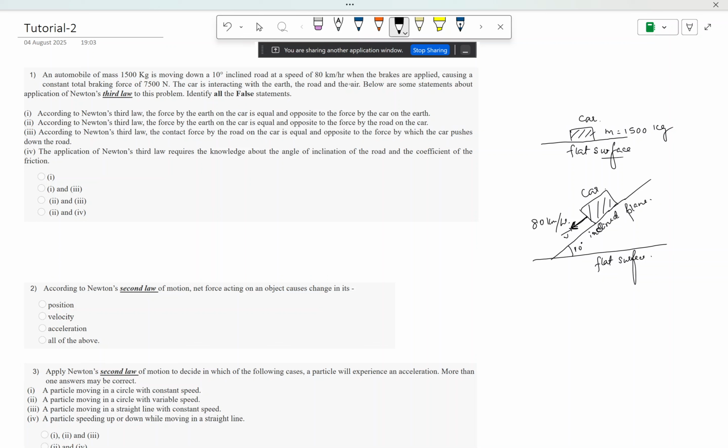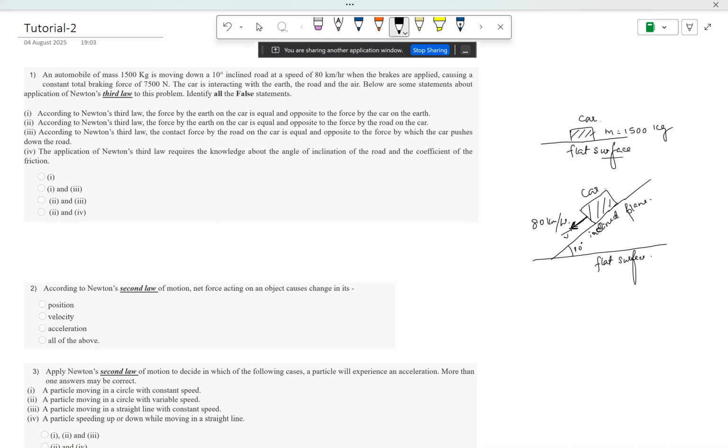And in this condition, when the brakes are applied, I mean somebody driving the car is trying to stop it by pushing on the brakes, it causes a total braking force of 7500 Newton. So instead of moving continuously down the inclined plane, you want the car to stop midway, and so you push the brake.